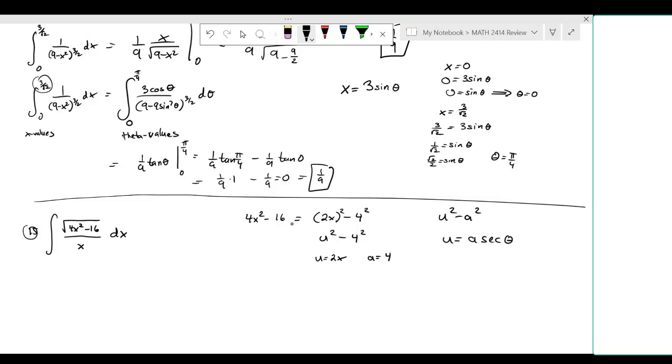Just a heads up there. You need to think of the first term that has the variable part as some whole quantity squared and identify that as u. So that way u, which is 2x, is equal to a, which is 4, times secant theta. So then we can solve for x and we see x should be 2 times secant theta.